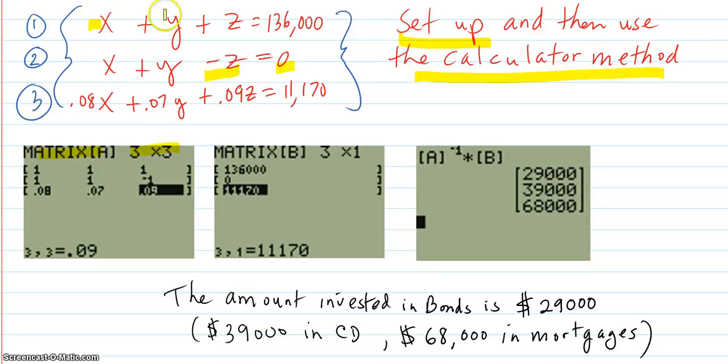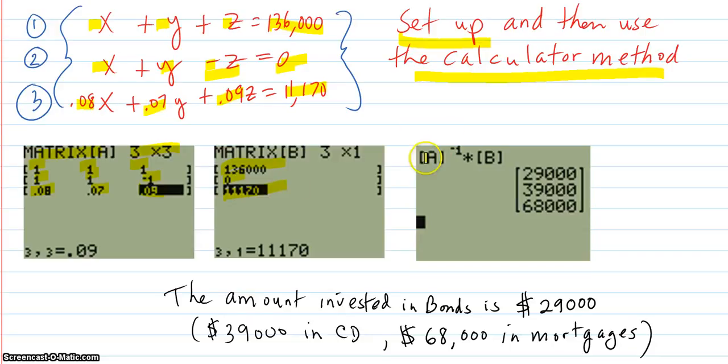Our coefficients are 1, 1, 1, 1, 1, negative 1, and these decimals, 0.08, 0.07, 0.09. And then the answer vector is 136,000, 0, and 11,170. That's correct.